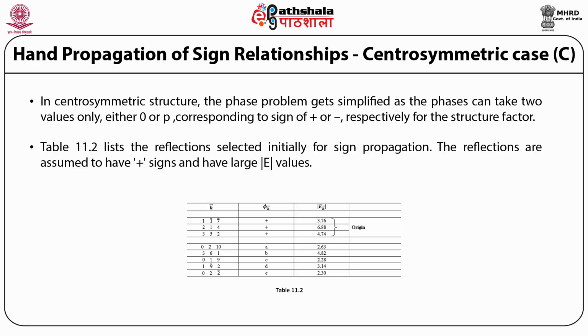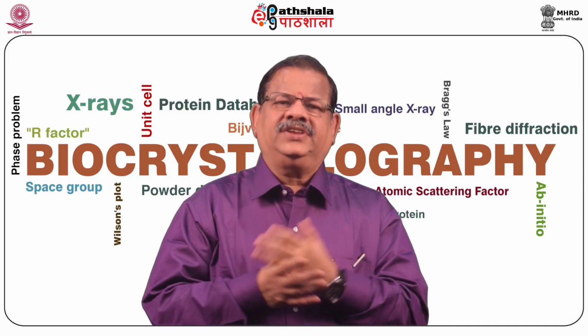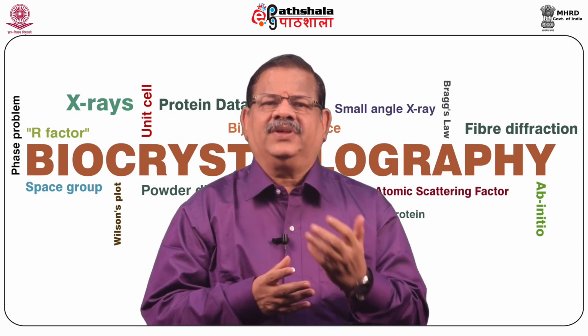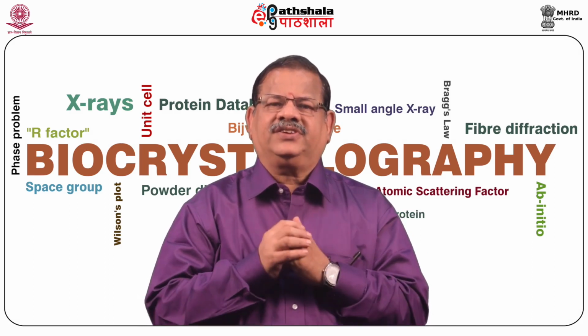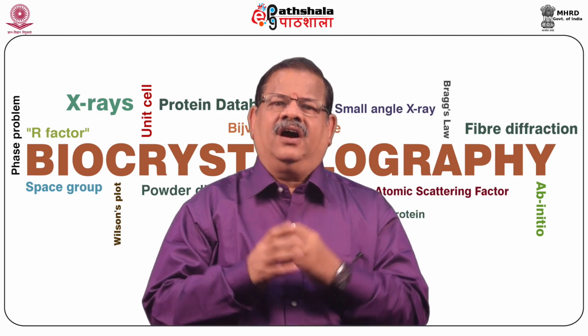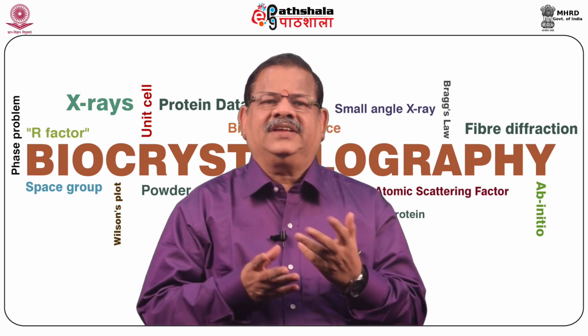Assuming you have a small set of 5 symbols for 5 reflections, we get the signs of the remaining bulk of reflections from this starting set of reflections. In addition to choosing 3 reflections and fixing their signs, either plus or minus, 5 more reflections are chosen for origin fixing, and their algebraic signs are initially assigned as symbols, because the sign can be plus or minus.